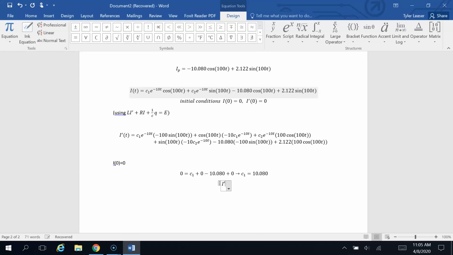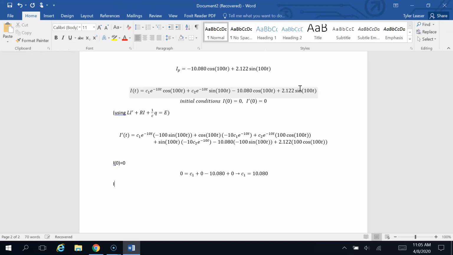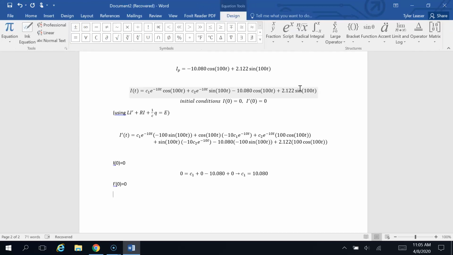Okay, if I do the derivative thing now, so I prime of 0 is equal to 0. Plugging into the left-hand side of this equation, we get 0. If I plug 0 in for the t for this first term, because of the sine, the whole thing is 0. If I plug 0 into the second term, I'm going to get a 1 for the cosine, this negative 10, and then the c1, and then, of course, e to the 0 is just 1.